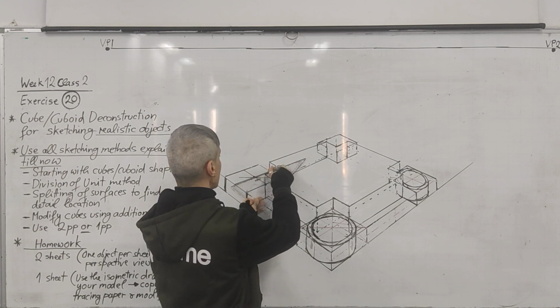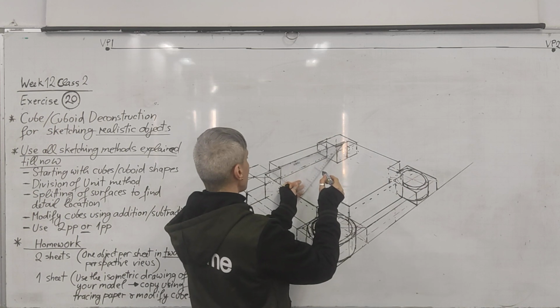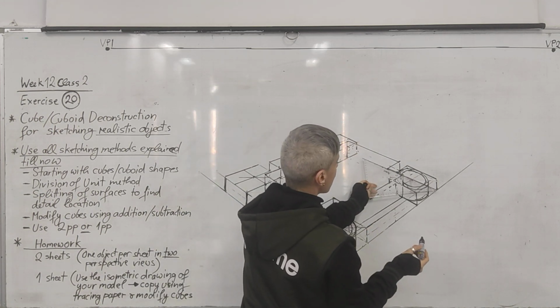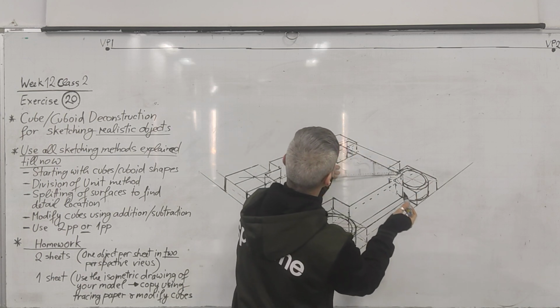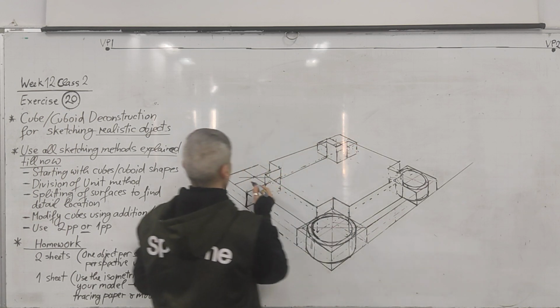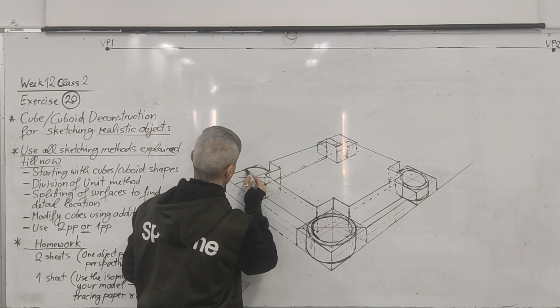And once we do it here, we don't need to do it over there. It's going to be continuation of this. And from this line, here. Okay. Now, let me draw the circle.